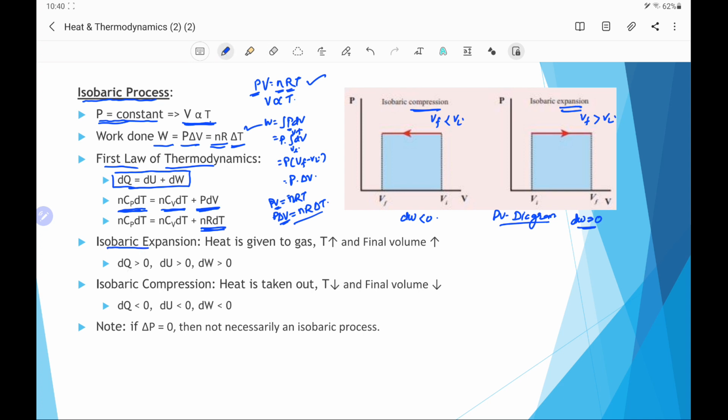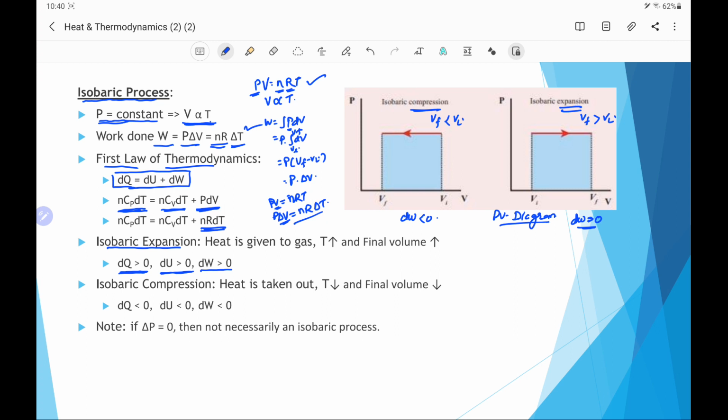For isobaric expansion, the heat change will be greater than 0, that is positive, work done will be positive, and the internal energy change is also positive. Work will be positive because this is expansion process in which volume increases, and dQ will be positive because heat is given to the system which is required to give the expansion, keeping the pressure constant, and in this process temperature of the gas increases as heat given also increases the temperature of the gas.